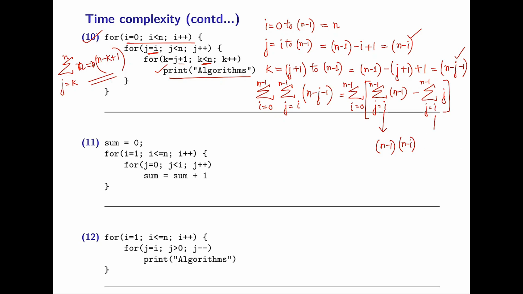And this one if I evaluate, what I will get? n minus 1 plus i into n minus, you just evaluate it to find out, divided by 2, n into n plus 1 by 2, that formula. So if I put it here and evaluate, this whole thing will be evaluated. So here it is summation i equal to 0 to n minus 1.